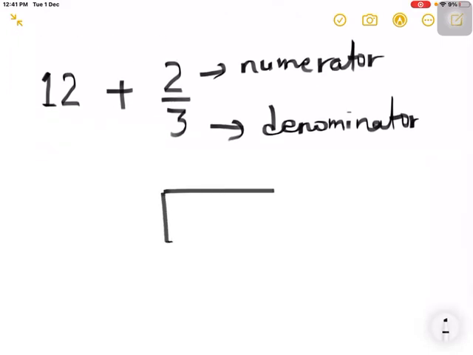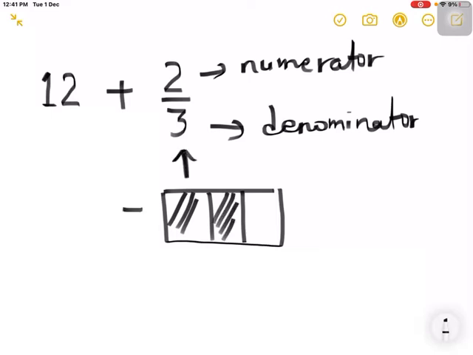Out of 3, 2 parts are shaded. So 12 means 12 whole parts, plus 2 out of 3. We have to add this. Understood?